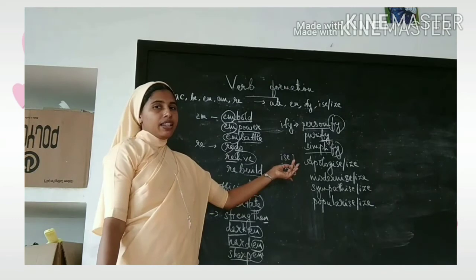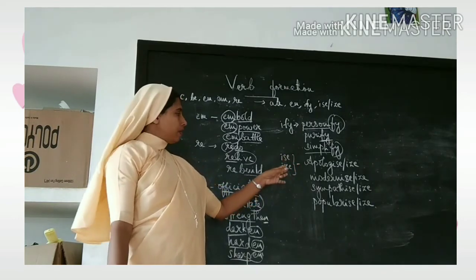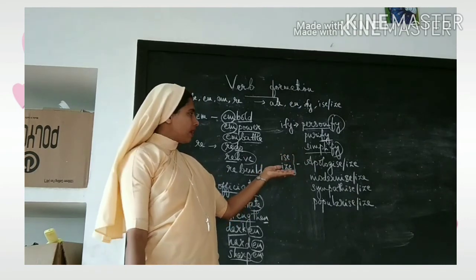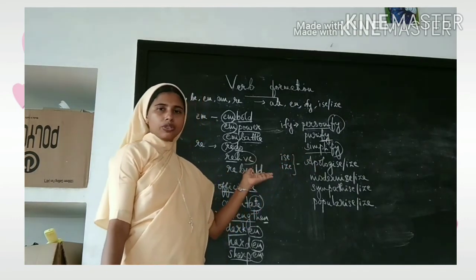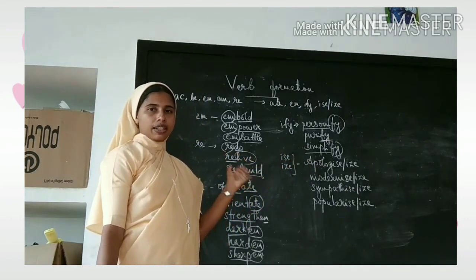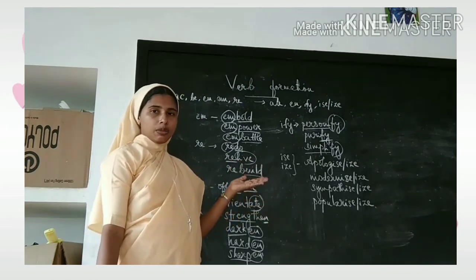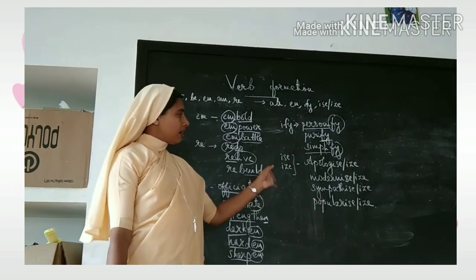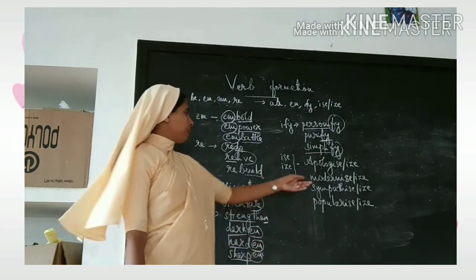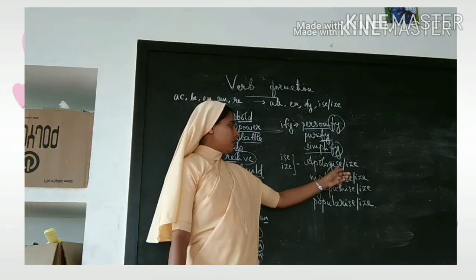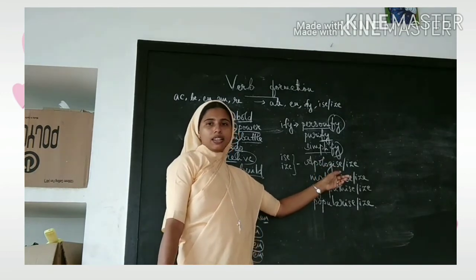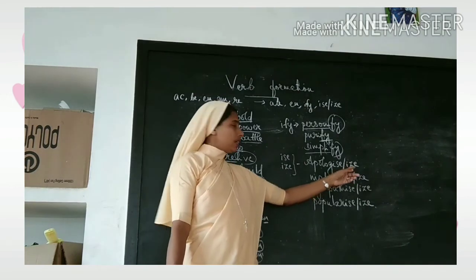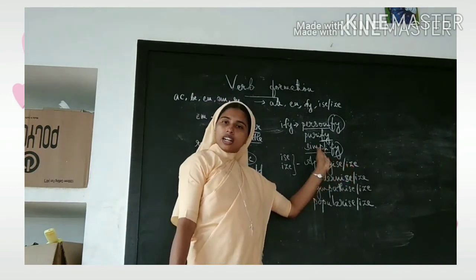And ise and ize, many of the words will be using the same for both. I told you why, because one is American and another one is British English. In British English it will be ise, and in American it will be ize. Apologise. Apology, that is a noun. Apologise, that is in British English, and apologize, that is in American English.